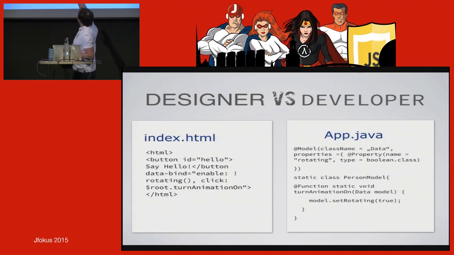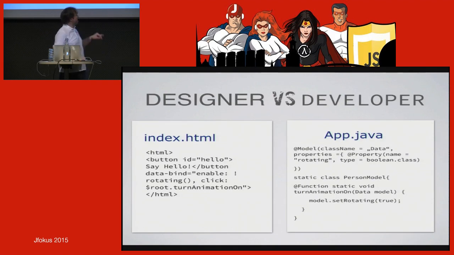And right here, we bind the enabled state of the button to the rotating property that we have defined here in the model. So as soon as I say model set rotating true, this will be disabled because there's a not. And also what we have here is this click binding, and that is basically the way from the HTML page into the Java code.